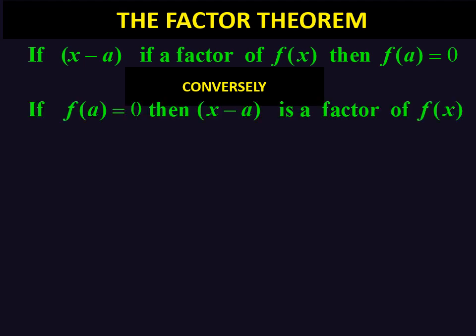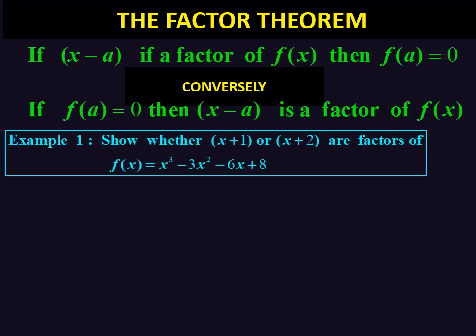The other way, if we find that f(a) is 0, it means x minus a would be a factor. If f(7), it means x minus 7 would be a factor. If x is negative 2, it means x minus negative 2, so x plus 2 would be a factor.